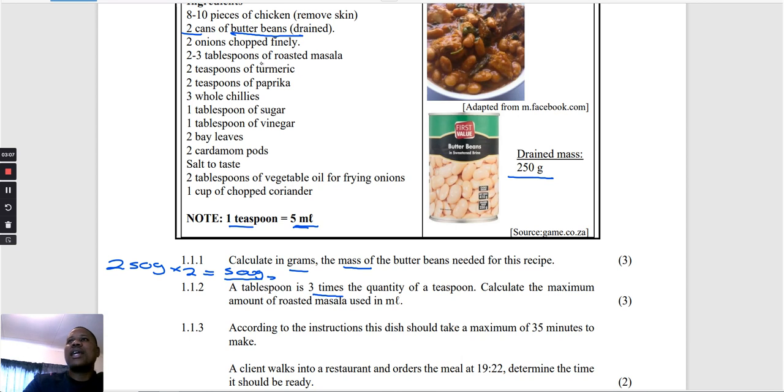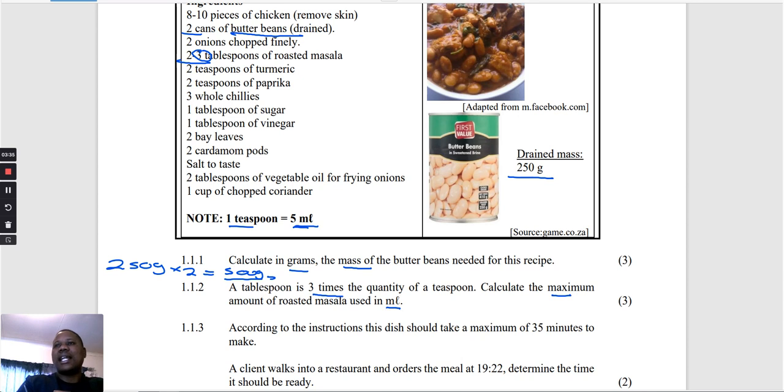So if you look at the masala here, you are given the minimum, meaning that the lowest that you can put is 2, but the highest that you can put is 3. So here they want what? The maximum. So meaning that our maximum is 3 tablespoons. Okay, so what do we need? They need us to calculate the maximum amount of roasted masala used in milliliters.